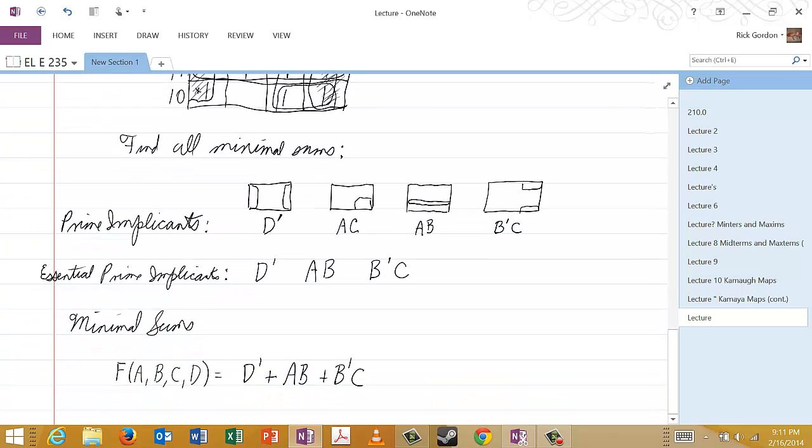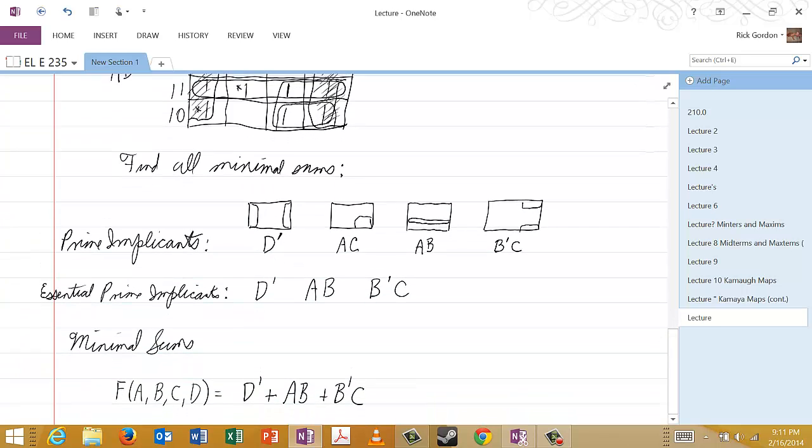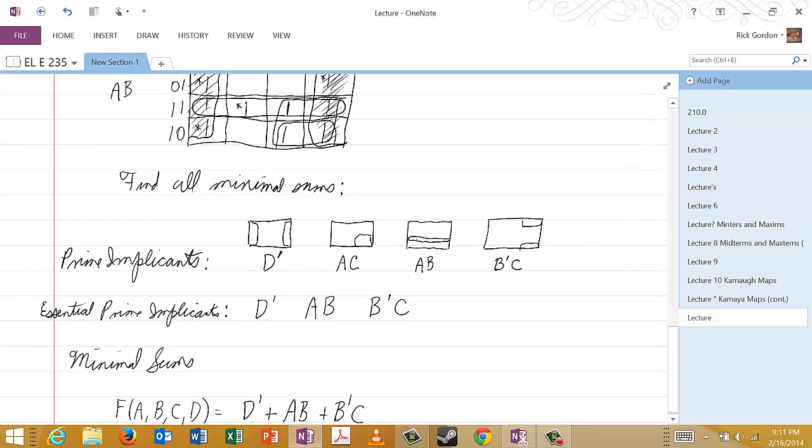By including AB, now you see the advantage of drawing these little sketches over here for AB, just to make sure you see it. It's that 3rd row of the Karnaugh map. So by including AB in our expression, we have accounted for all of these ones.